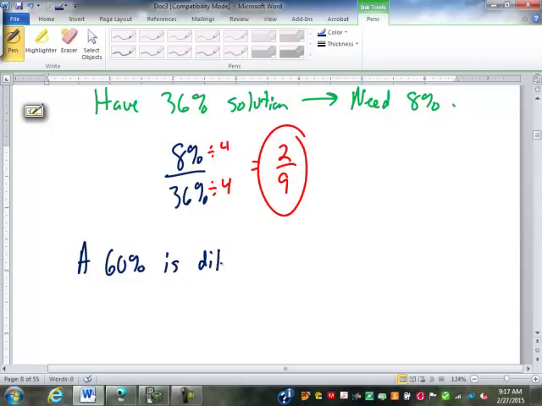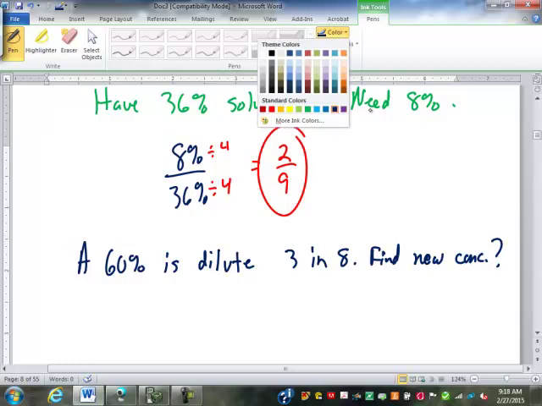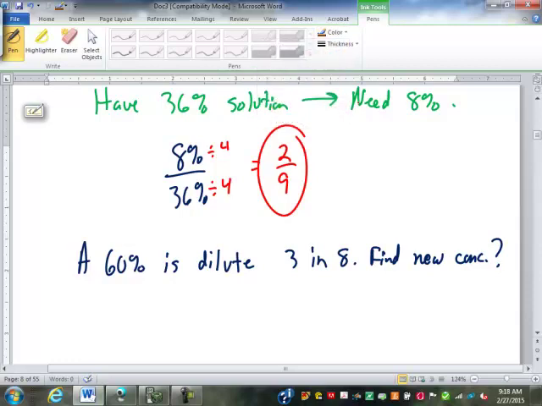So a 60% solution is diluted 3 in 8. Find the new concentration. Tell me what to do.